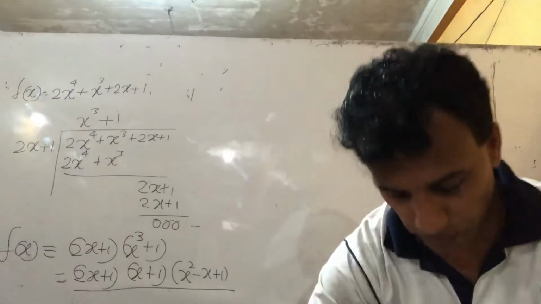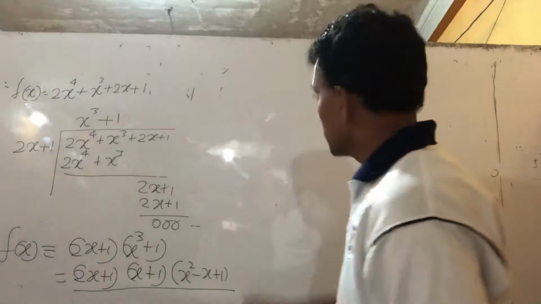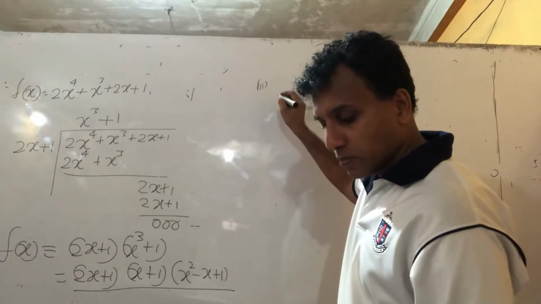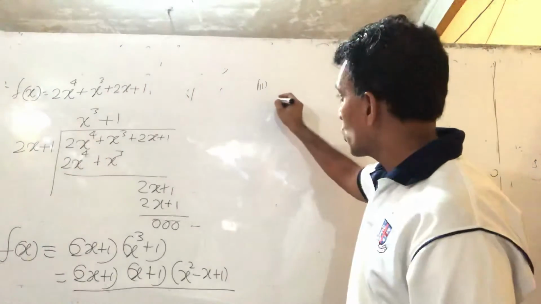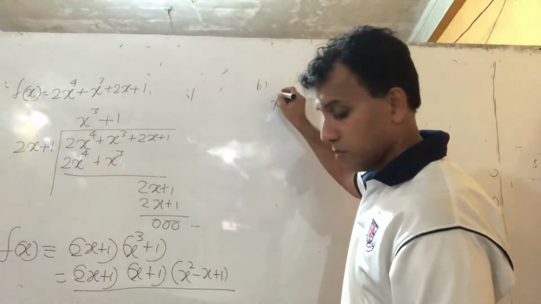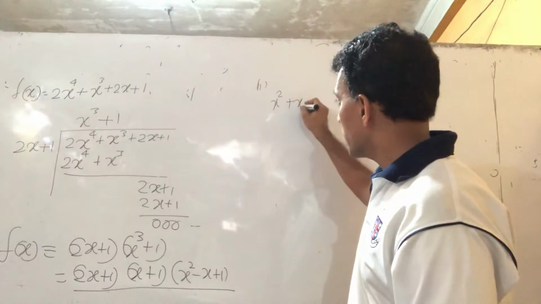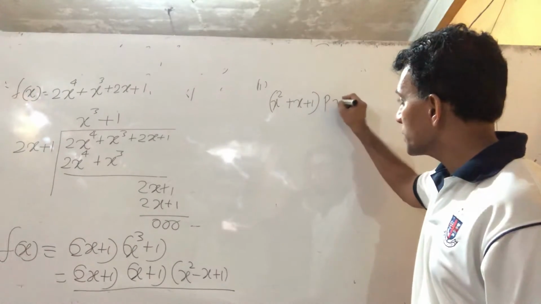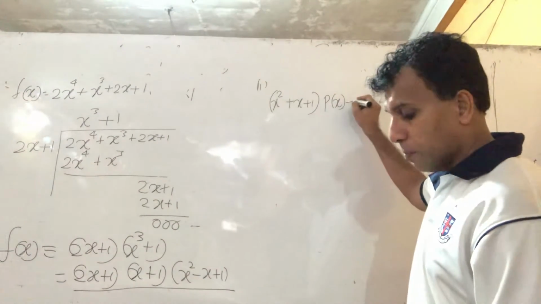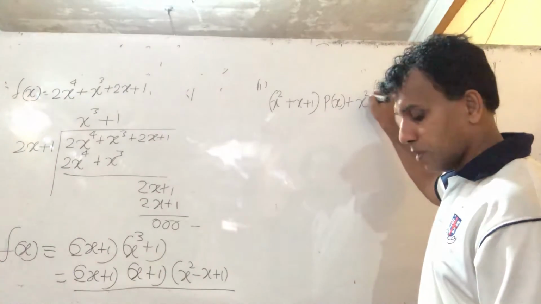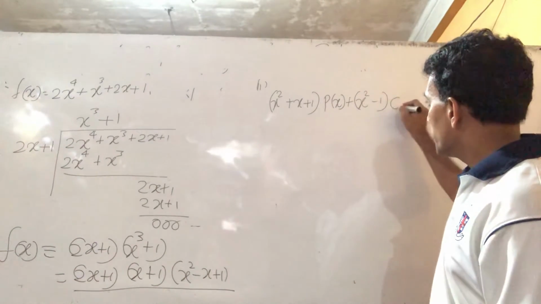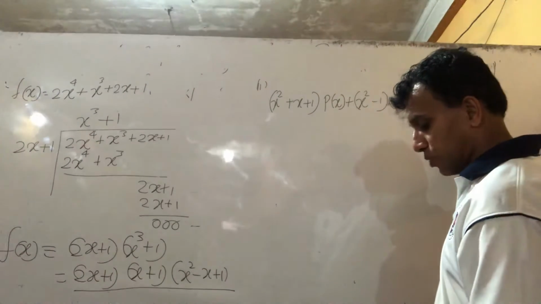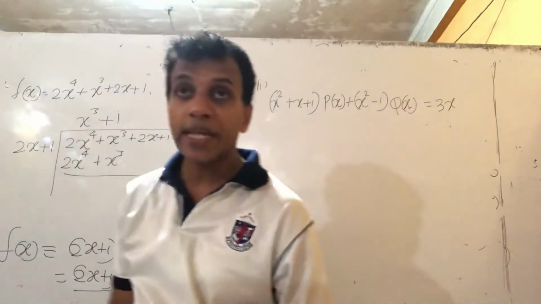Second one, there's an equation provided, right? x square plus x plus 1 into p(x) plus x square minus 1 into q(x) equal 3x.